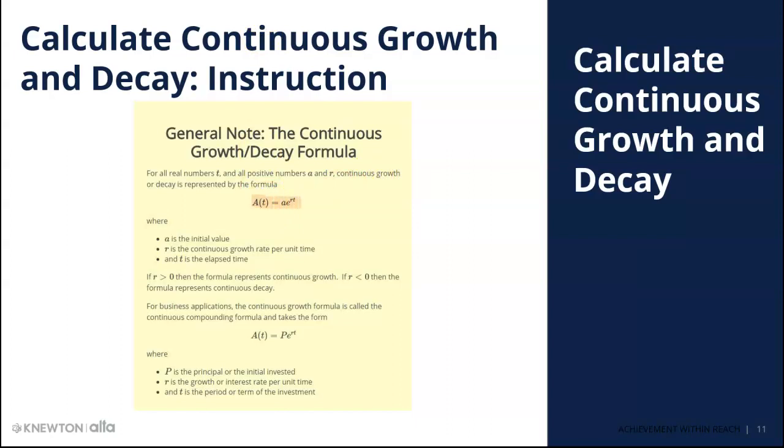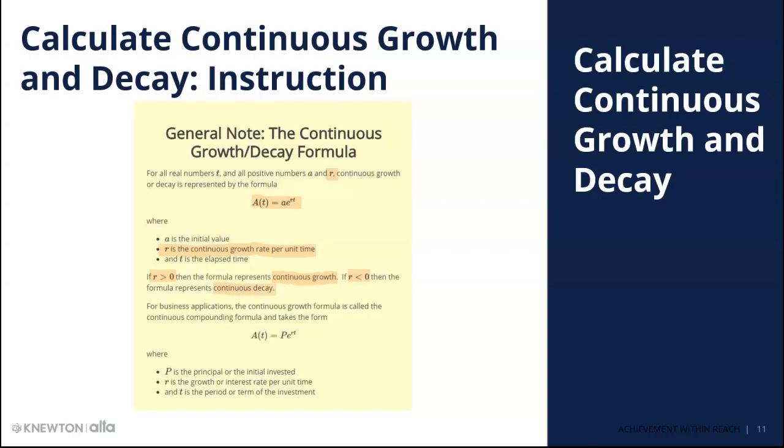The r here in the formula is called the continuous rate per unit time, and that would also determine whether you have a continuous growth or a continuous decay. If r is greater than 0, the formula represents continuous growth. And if r is less than 0, negative, the formula represents a continuous decay.